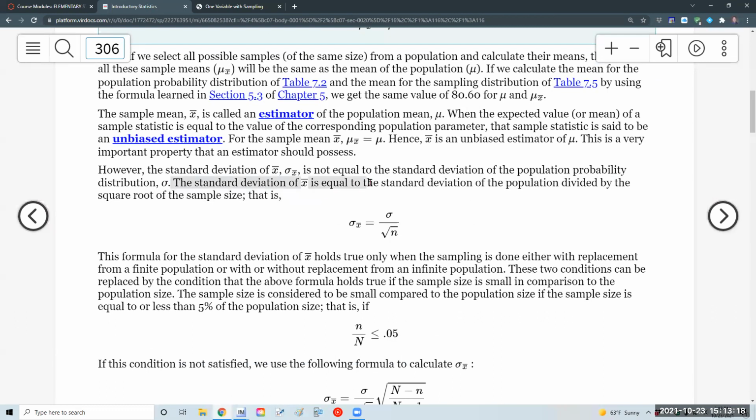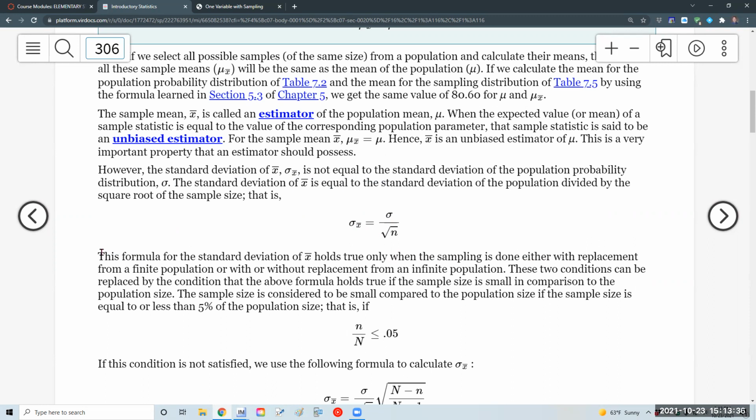The standard deviation of X bar is a result that comes from the central limit theorem, which we're going to present in the next section. But this number sigma sub X bar is going to be equal to the population standard deviation divided by the square root of n.